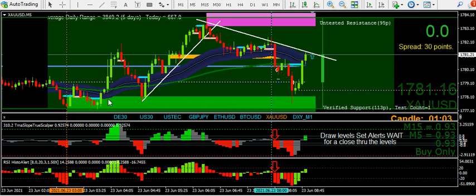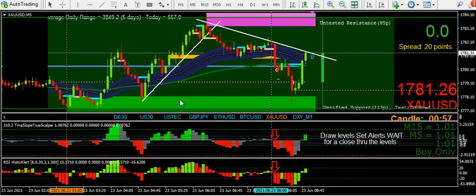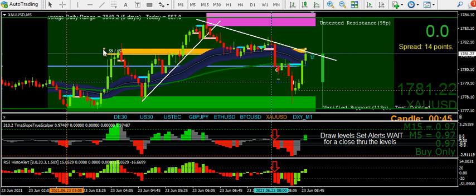But you can see how strong or magnetic these levels are. They are levels of liquidity, and we know the algos love to go for liquidity. This was a manually drawn level. If I'm repeating myself, I do apologise, but you can see how it almost matches up to that automated level on the DAX.